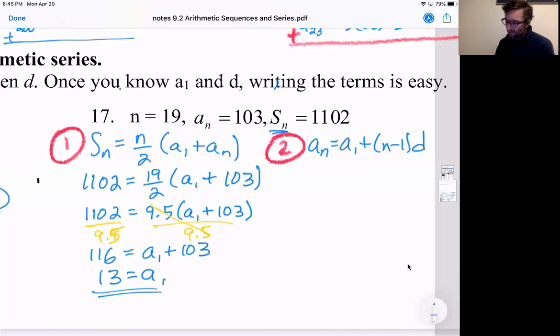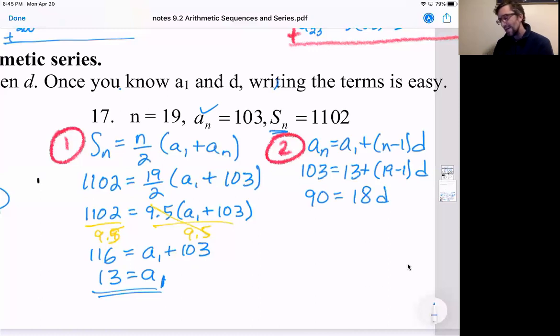A sub n, you're told, is 103. We just found a sub 1 is 13. N is 19, we're told, and solve for d. So subtract 13 from both sides, you get 90 is 18d. And dividing both sides by 18, we get 5. So our common difference is 5.